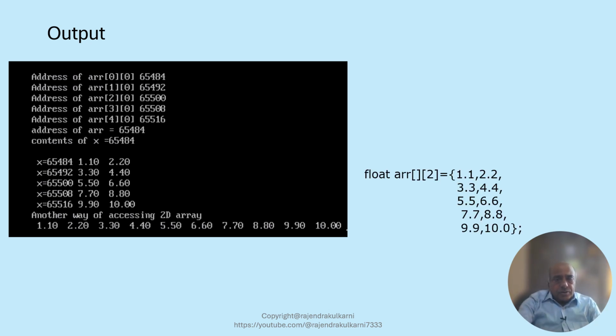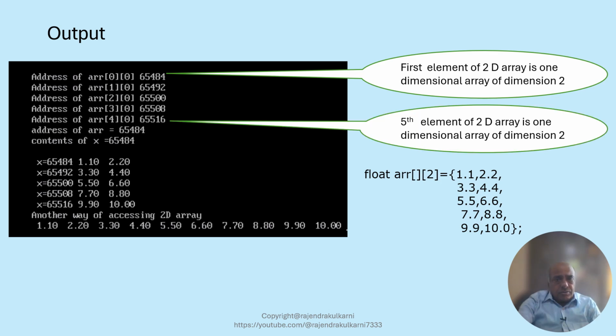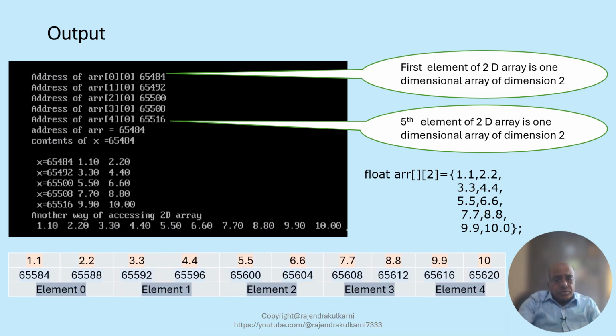So this is how we are declaring the 2D array, initializing the 2D array, and also accessing the values of the 2D arrays using subscript notation and pointer notation.